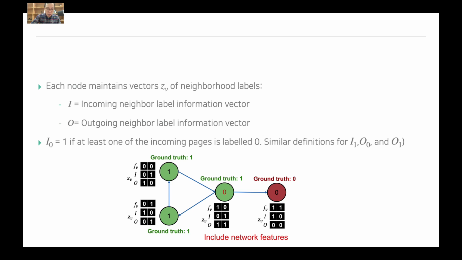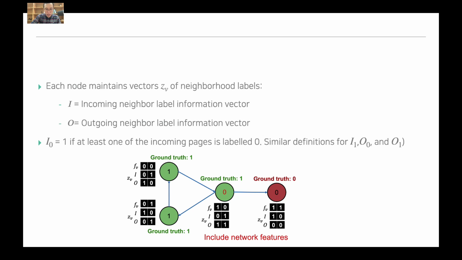Similarly, the left bottom one has different incoming and outgoing vectors. And the center one has two outgoing vectors, which are green and red. Right? So that's why it has 1, 1. And just follow the figures.